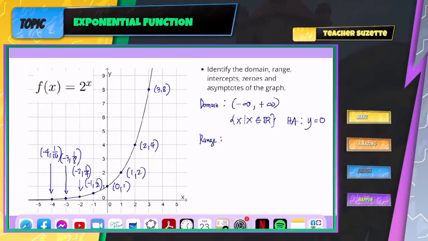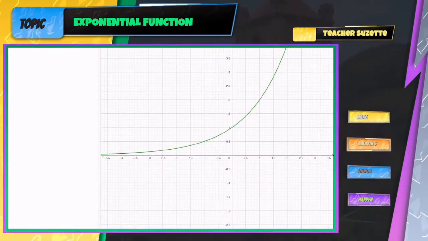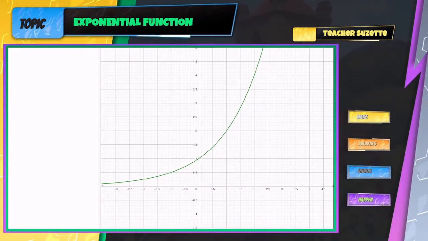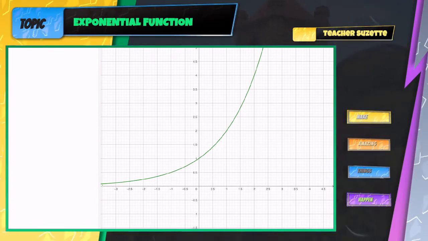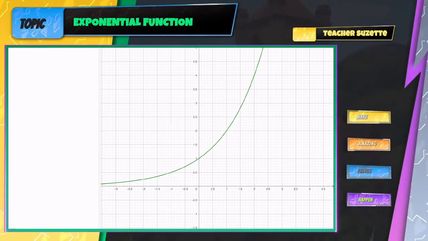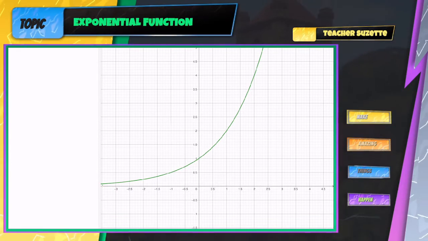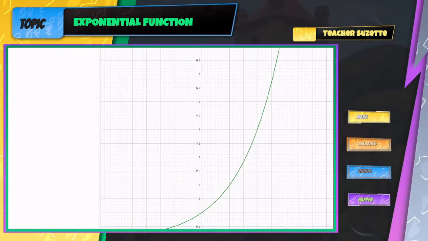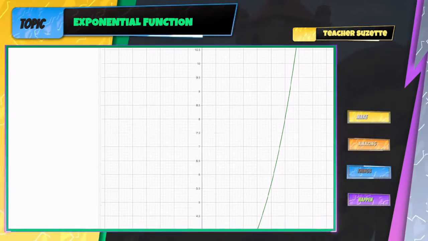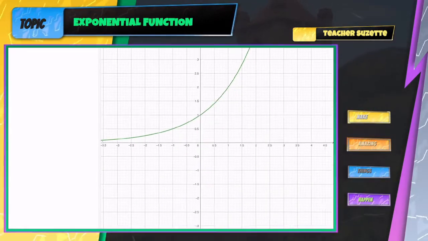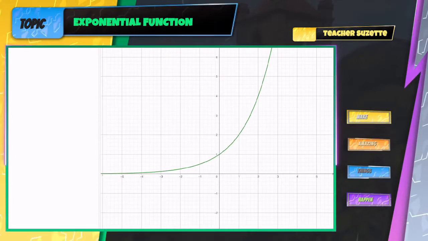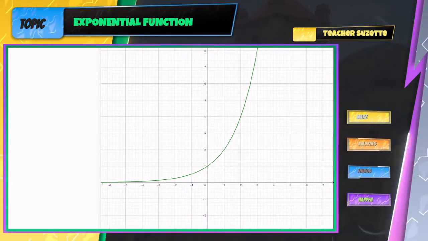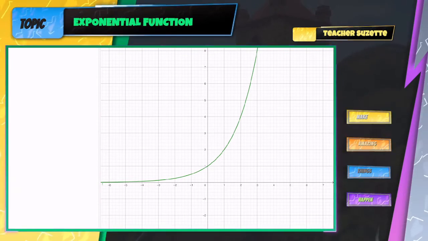For our range, let's go back to our graph. So for our range, these are the outcomes or possible outcomes when we try to substitute the values of our x in our function. So we are going to look at our y-axis. Mapapansin mo by looking at our graph that first thing is nasa taas siya ng ating x-axis.